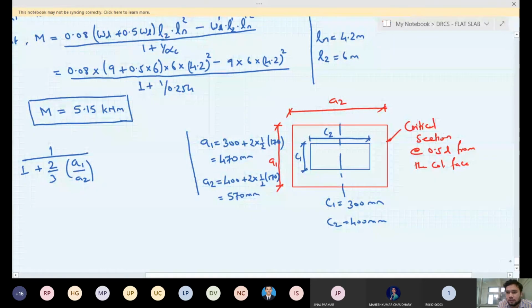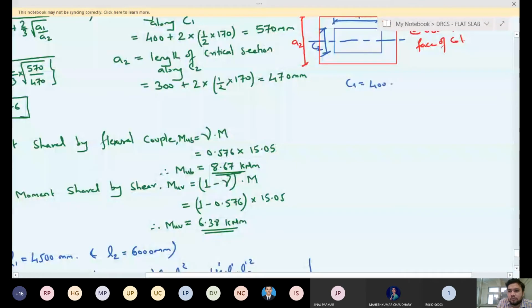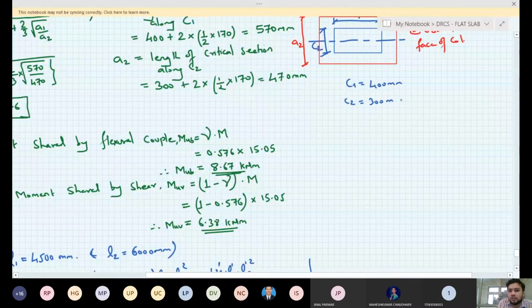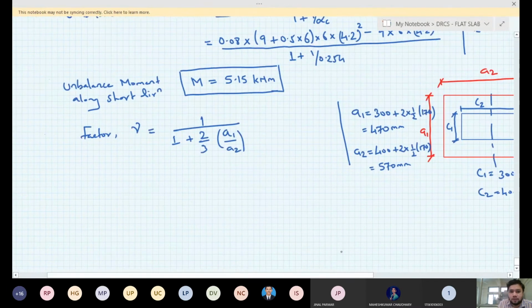Okay, same way here your C1 is 400 mm and C2 is 300 mm. So you substitute these values, 1 plus 2/3 of A1, that is 470, divided by 570.